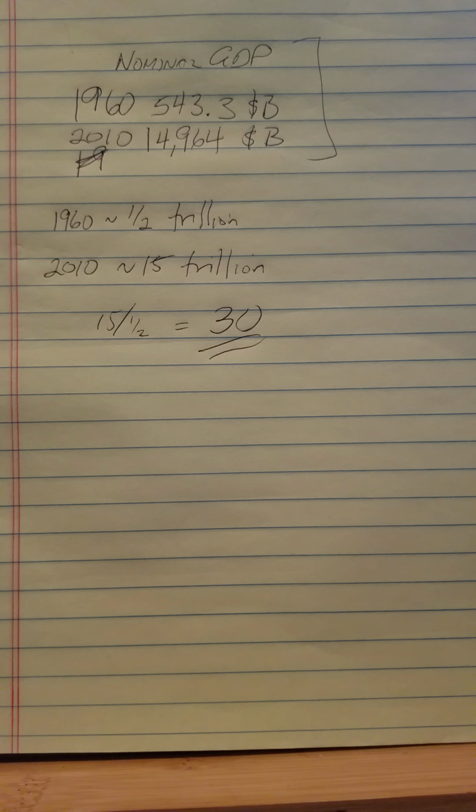All right, so let's think for a minute. Are we going to seriously say that the economy in the year 2010 is producing 30 times as much as it did in 1960? Well, I hope you recognize that that is simply implausible. And, of course, what's happened is we're talking about some pretty serious inflation has occurred. And just like when we were talking about real versus nominal output, so too, when we talk about GDP, we have to be careful about the distinction between real and nominal.